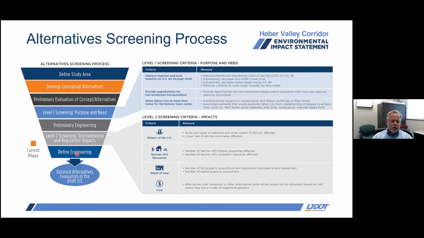So once we get through all these steps, we expect that we will be down to just a handful of alternatives that we'll then be able to further refine, and it's these alternatives that we will then take into a detailed alternatives evaluation in the draft environmental impact statement.